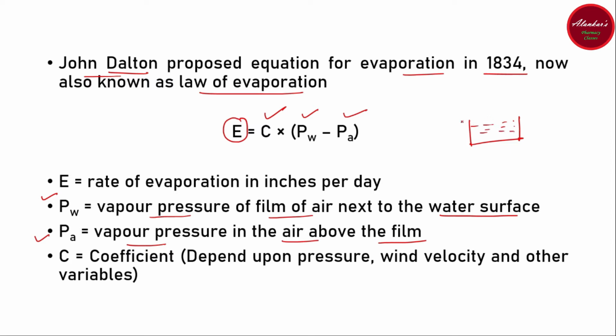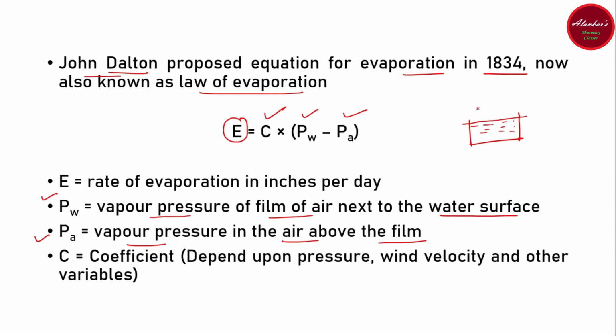Assume that there is a vessel in which we have kept a fluid. According to Dalton's law, the rate of evaporation equals C, the coefficient, which is a constant value, multiplied by Pw. Pw is simply the vapor pressure of the film of air just above the surface of the liquid, and without any doubt this layer will contain a large number of vapor molecules.